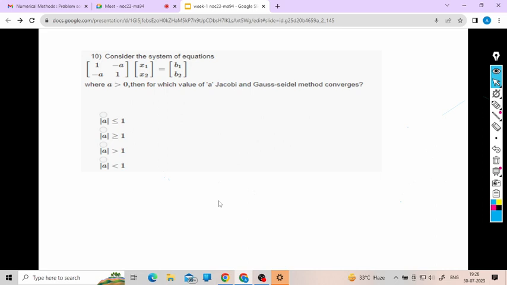Is it strictly or just diagonally dominant?